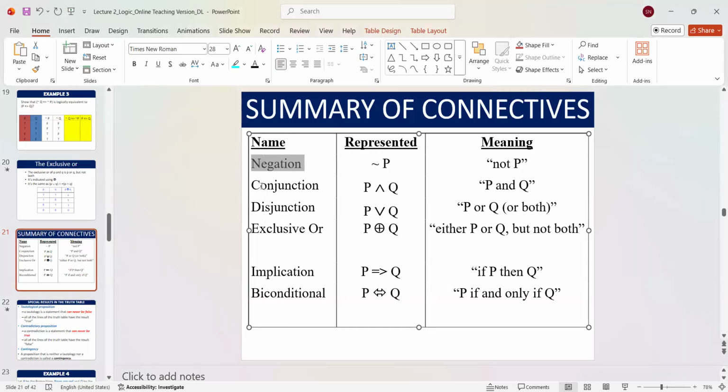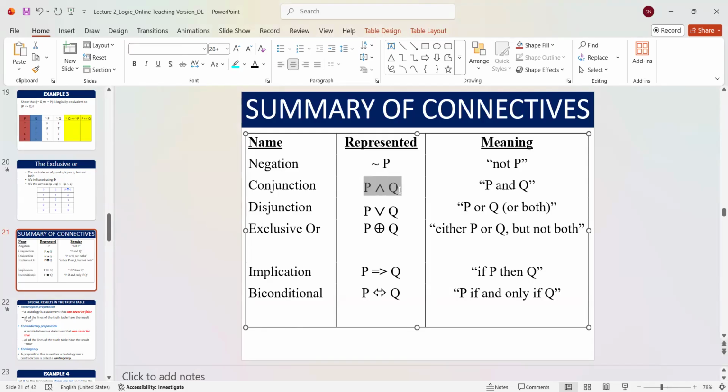Now, and, we said, is true when both of the original statements are true. If you are joining two statements P, Q using and, then look at when both of them are true. If P is true and Q is true, then the connective P and Q will be true. So that's for the connective and, or conjunction.